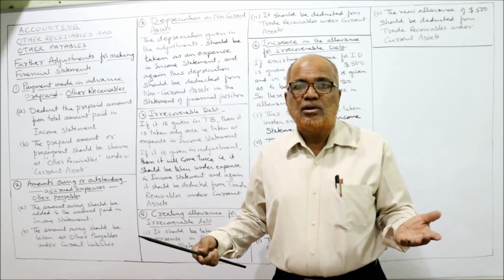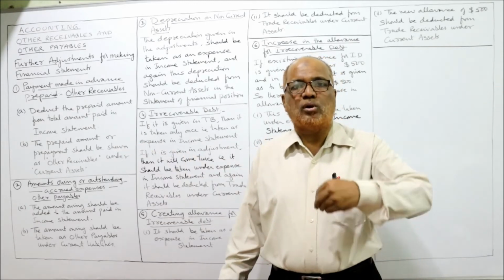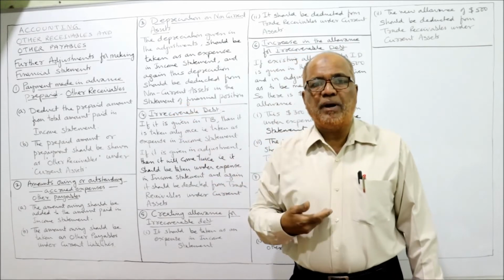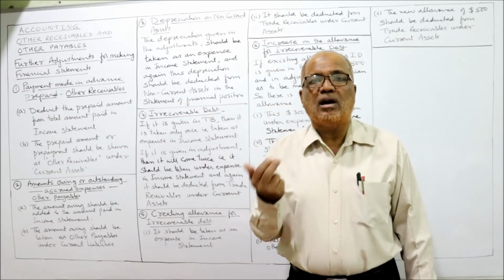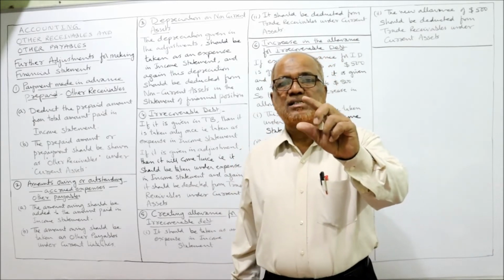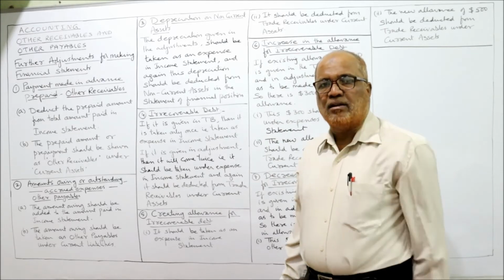That's a loss. I'm having a business. I've sold to hundreds of customers. I've sold goods on credit. Later on, some of the customers have not paid me the amount. That is called irrecoverable debt. It's a loss. So if irrecoverable debt is given in the trial balance, 2 possibilities are there.